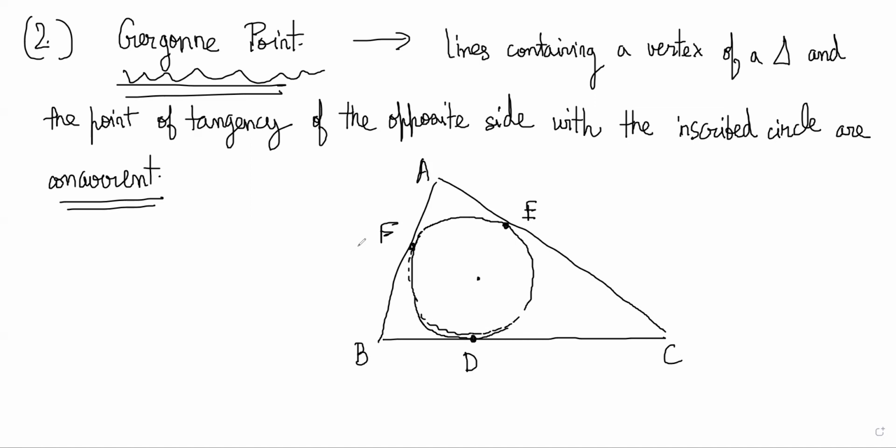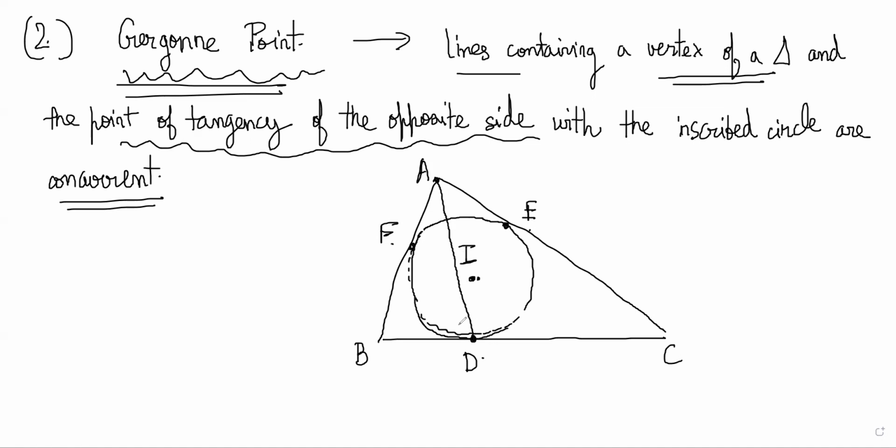So basically my incenter is I, and the points of tangency are D, E, and F, right? Now what we are saying is the lines containing a vertex of a triangle and the point of tangency of the opposite side. So I have to join the vertex A to the point of tangency of the opposite side. So AD.